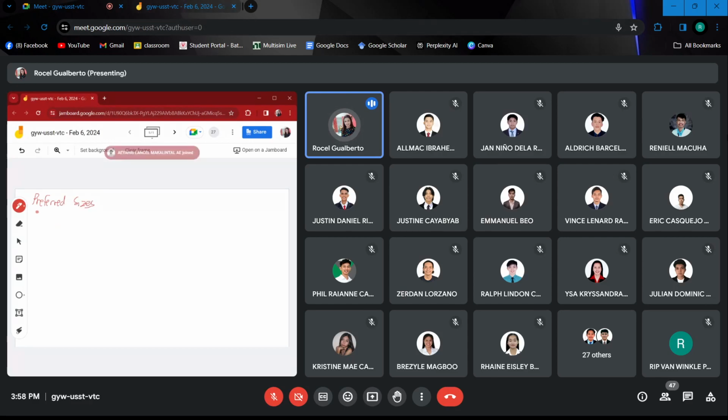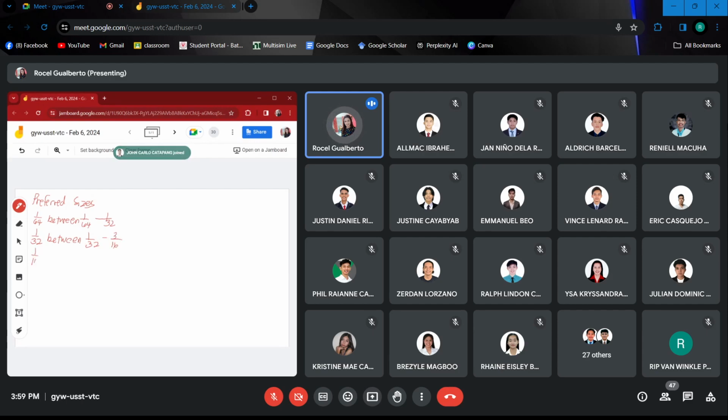Okay, so for the preferred sizes, we have first 1/64 between 1 over 64 to 1 over 32. Okay? And then we have 1 over 32 that is between 1 over 32 up to 3 over 16.